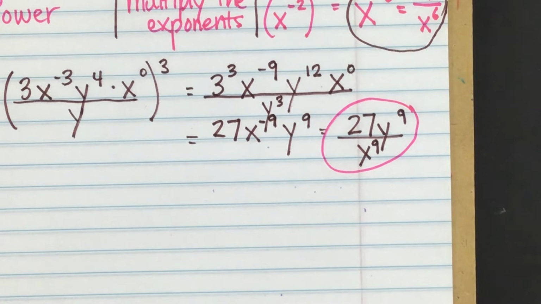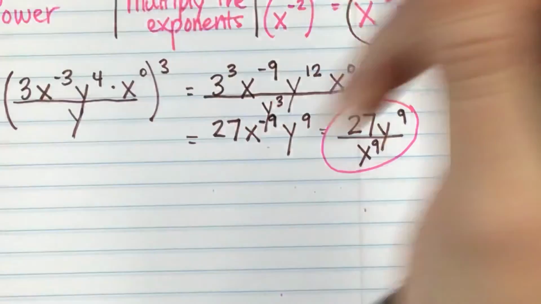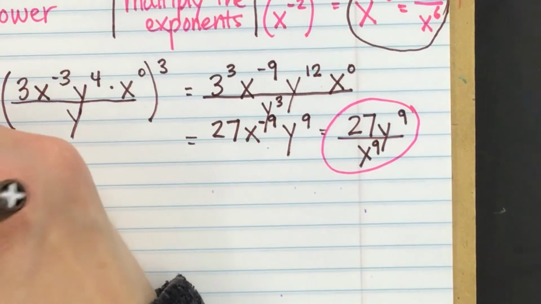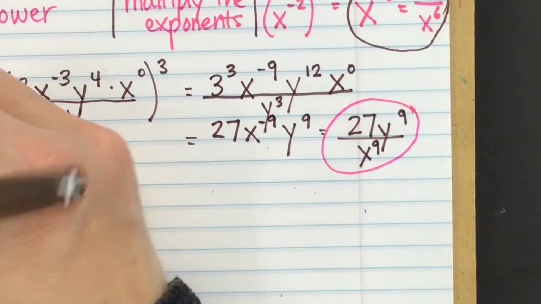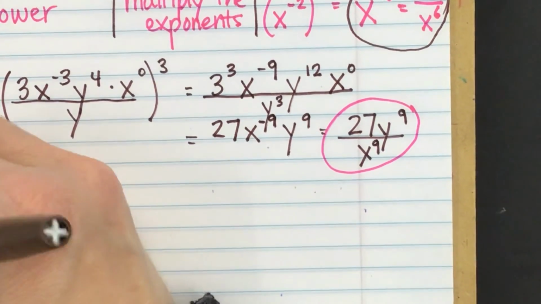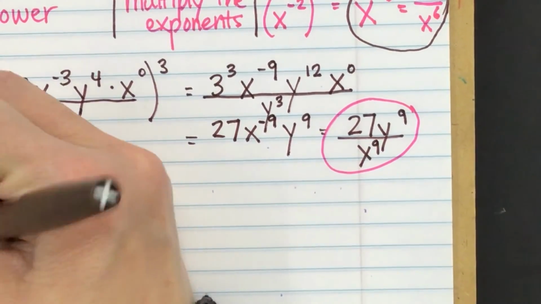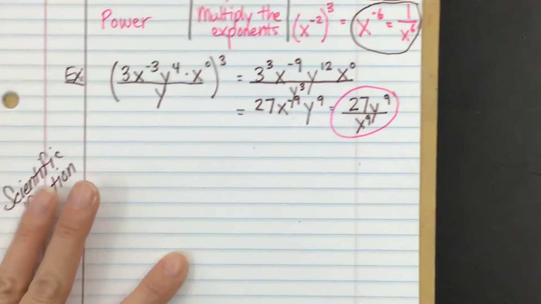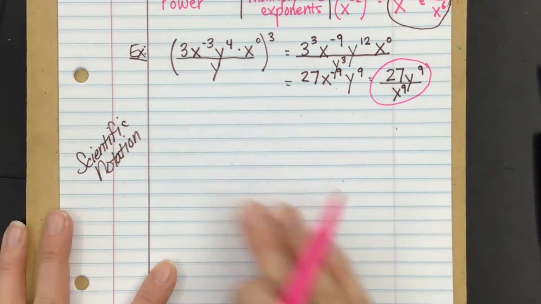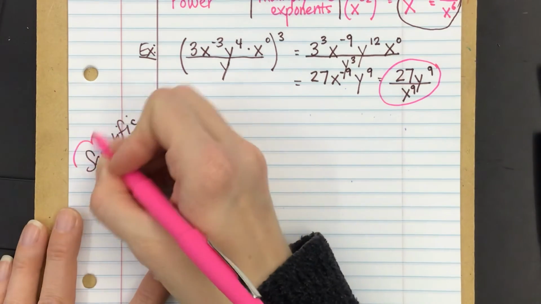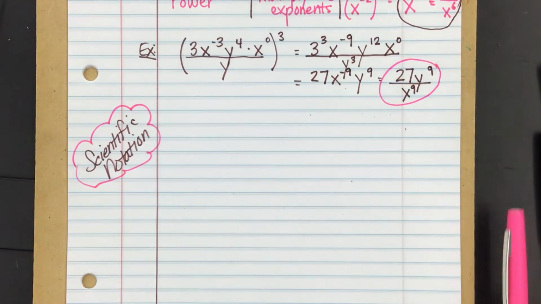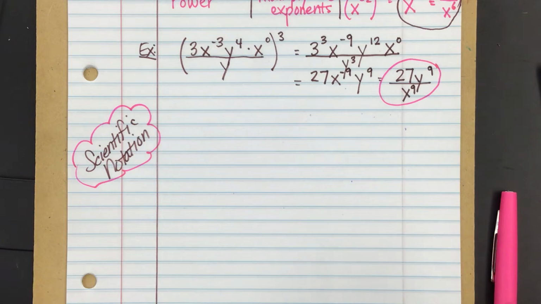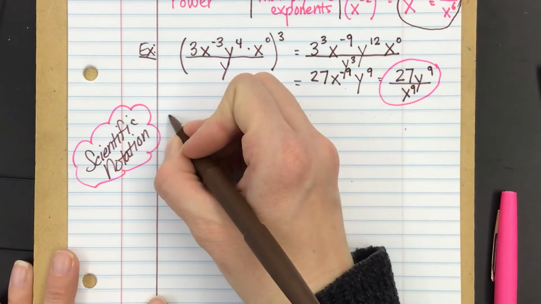You good? Okay. Then let's talk about scientific notation. For scientific notation, it's pretty straightforward. I'm just going to do 2 examples just to refresh your memory.